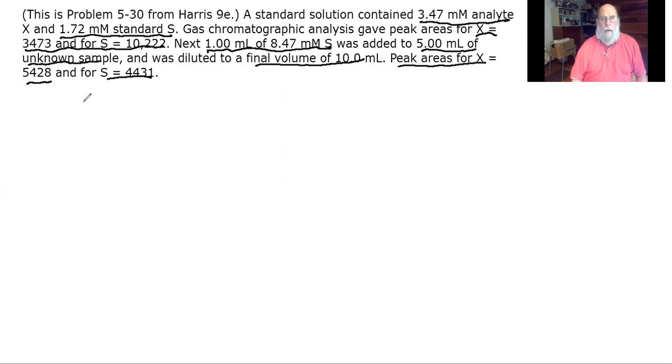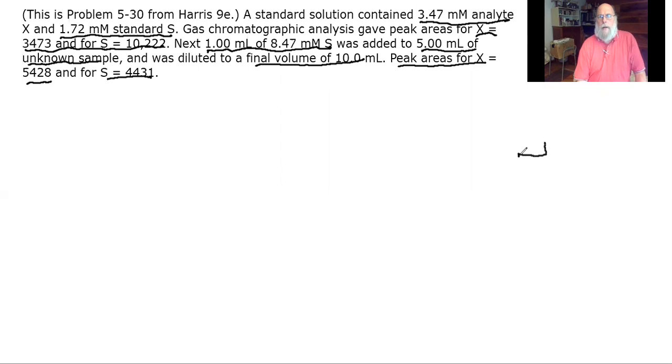Hello again. I'm going to try to show you how to do internal standard setup and calculations. Internal standards are superficially similar to standard addition, but it isn't the same.